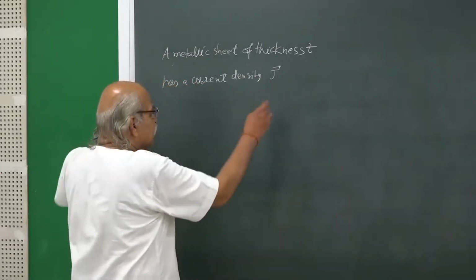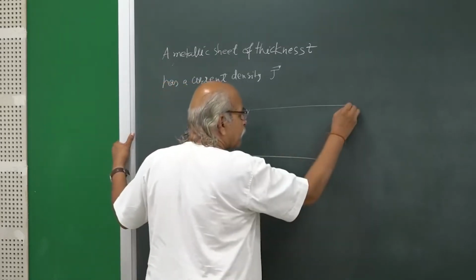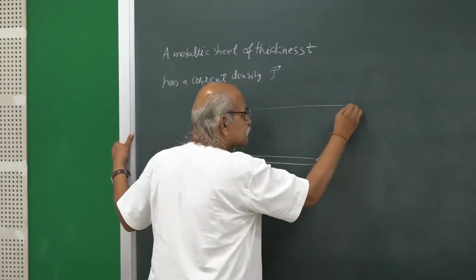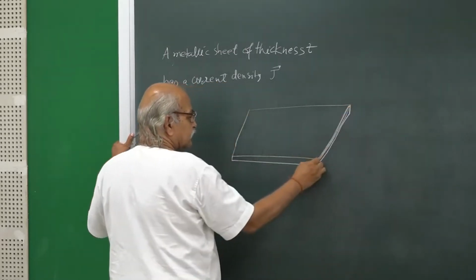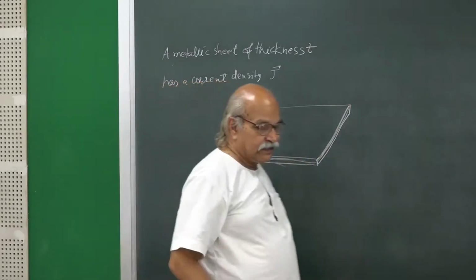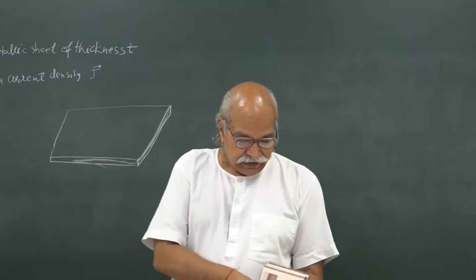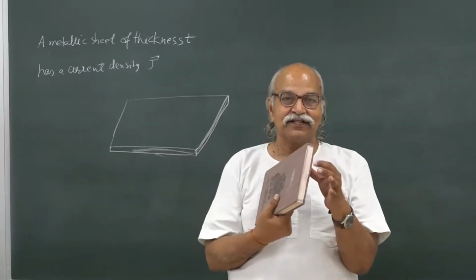So, you have this metal sheet, let us say this is your metal sheet, this is the thickness, it is a metal sheet like this. This is a sheet, of course this thickness is quite large.